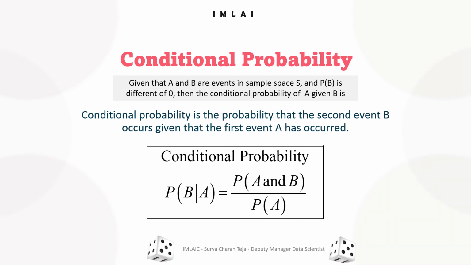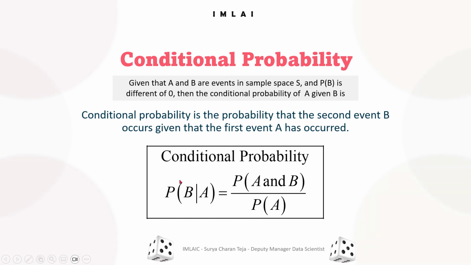So the idea behind conditional probability is that when an event A has already occurred, the probability of B changes.